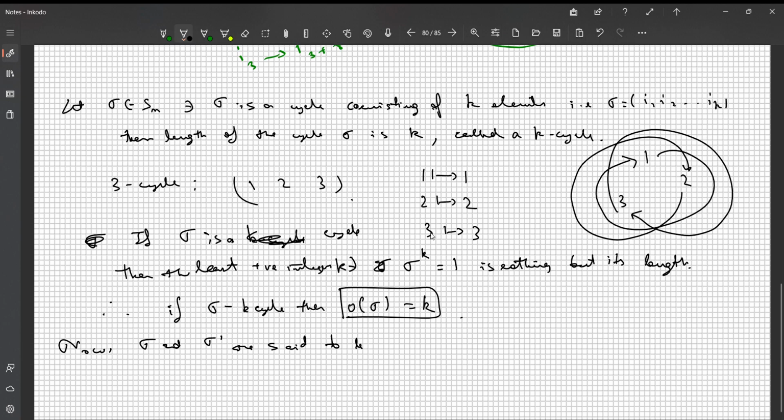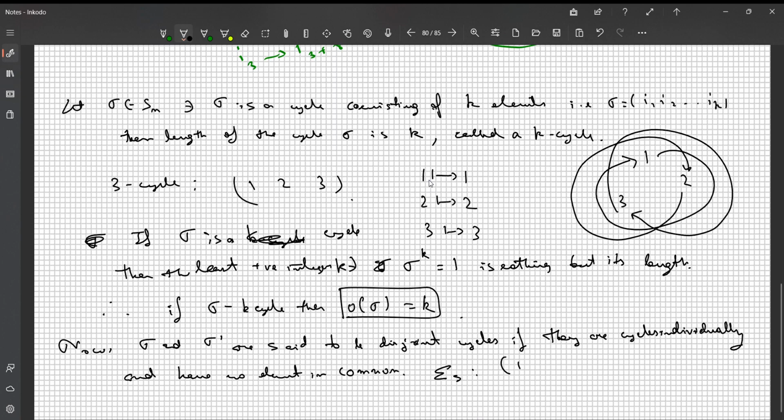Now sigma and sigma dash are said to be disjoint cycles if they are cycles individually and have no element in common.